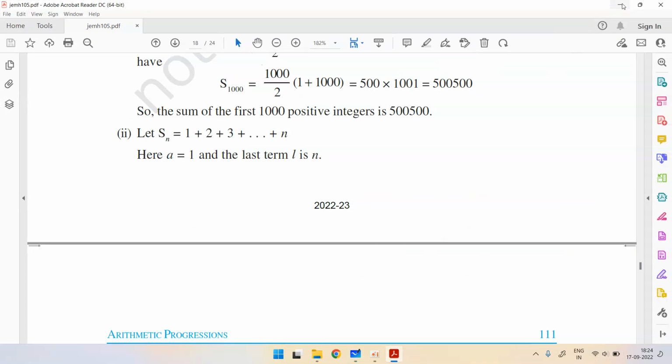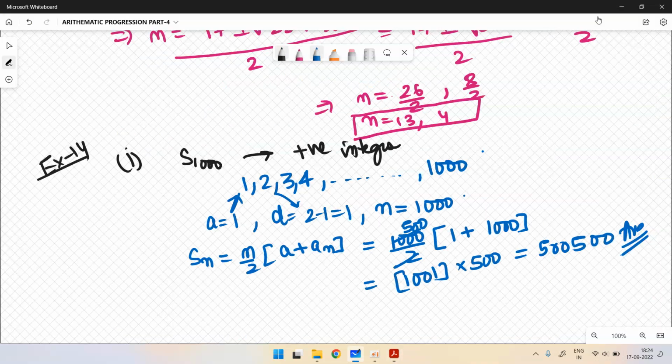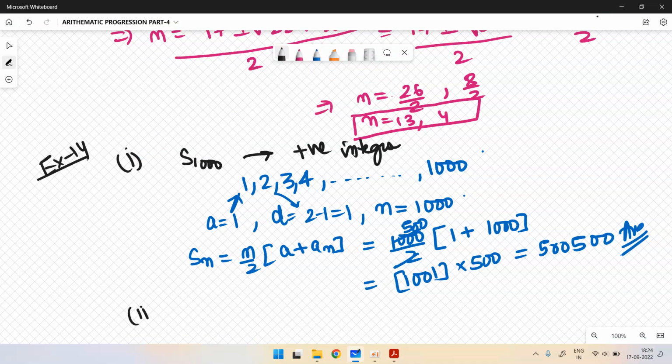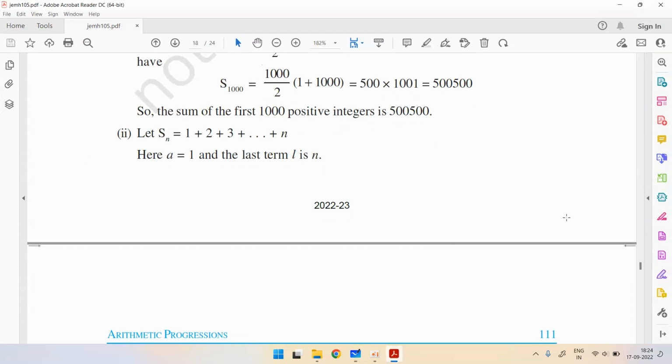Now second is if you need to find the sum of the first n positive integers.